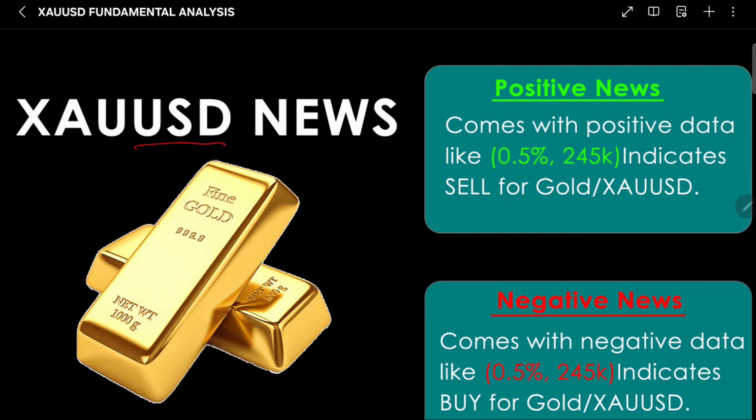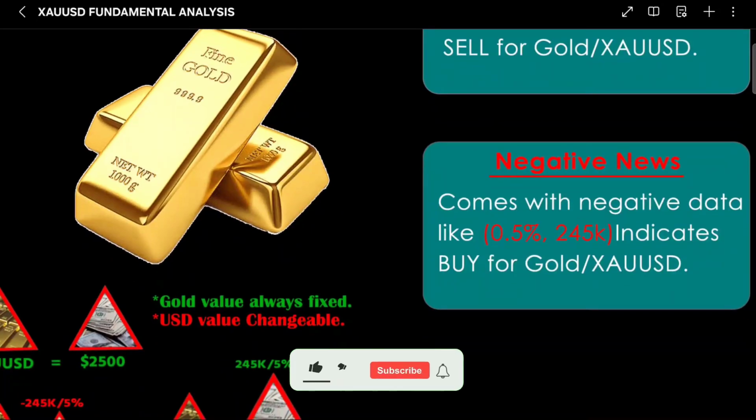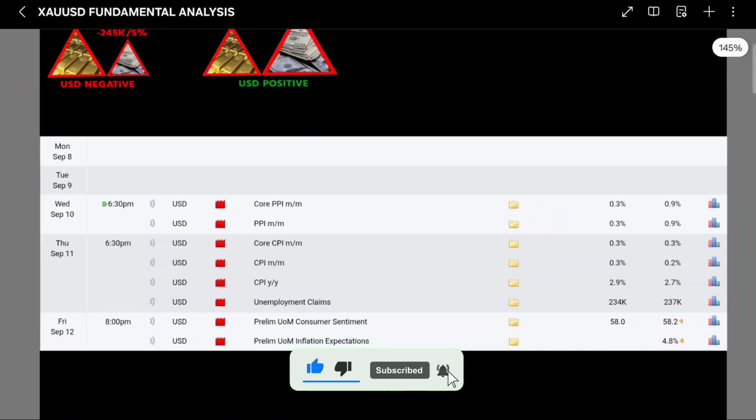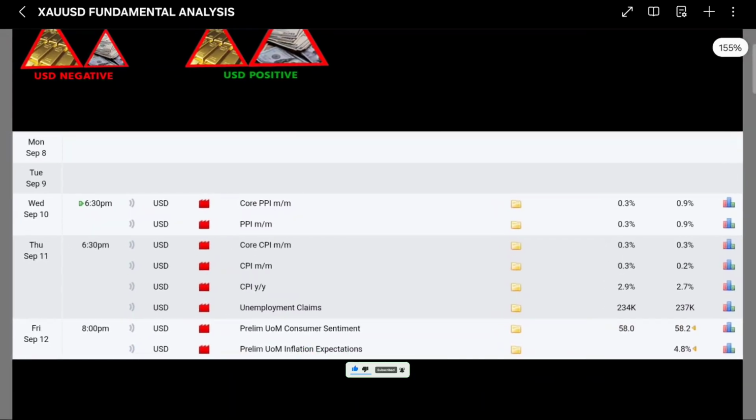And before we start, we need to learn how fundamental analysis works. Firstly, as you can see, there is an economic calendar from next Monday to Friday, and there is red news. That means those news are very important, major news that will impact the forex or gold market.